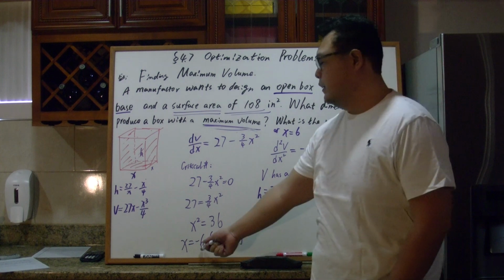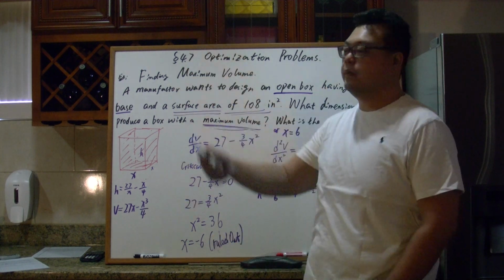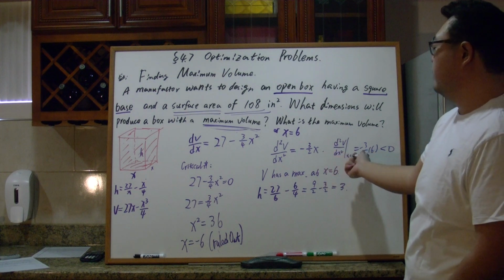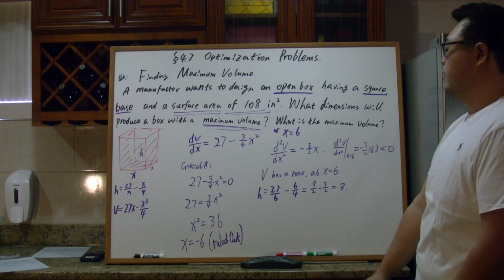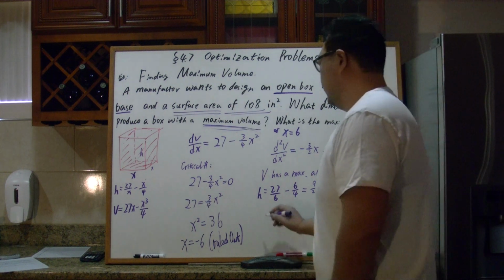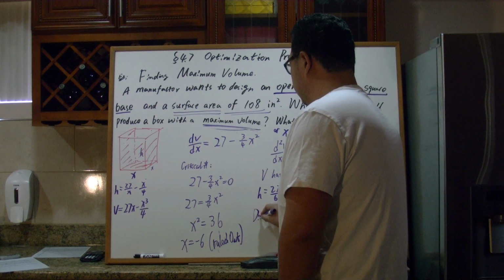On the other side, negative 6 will be a relative minimum anyway. And we can use the second derivative test to verify that we get the relative maximum and indeed the absolute maximum, 6.